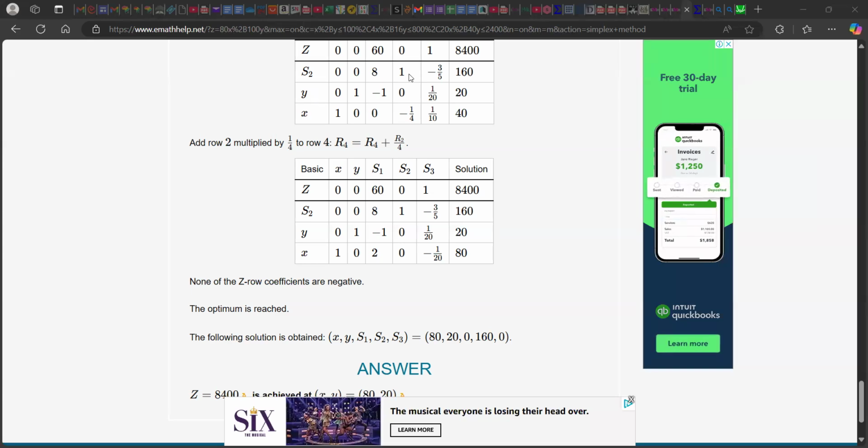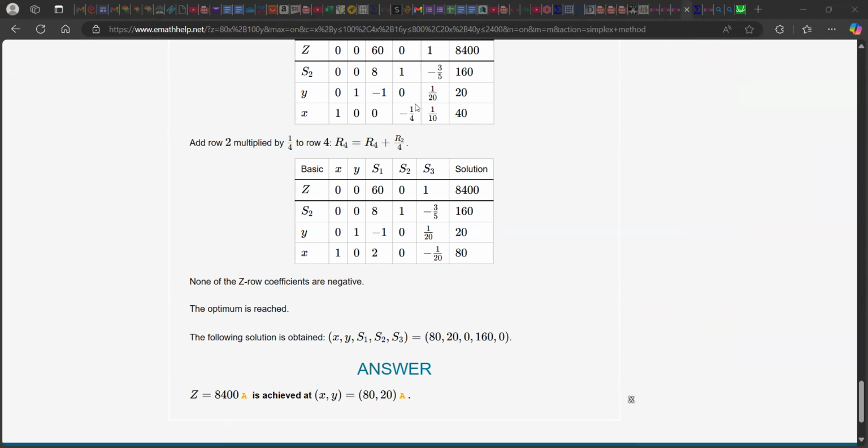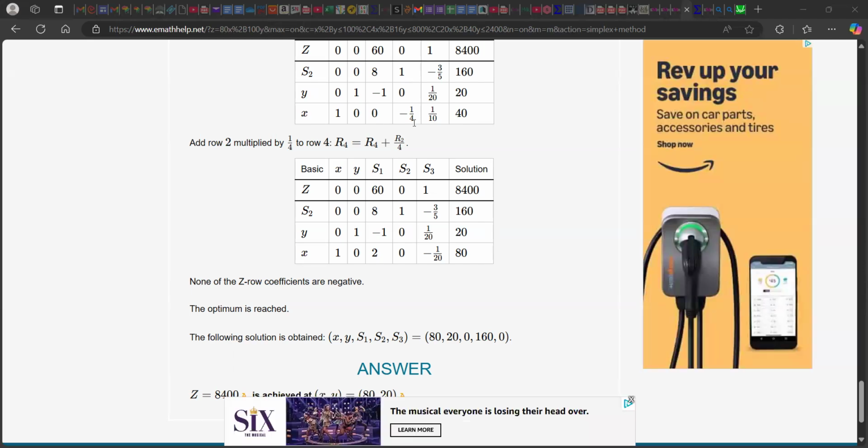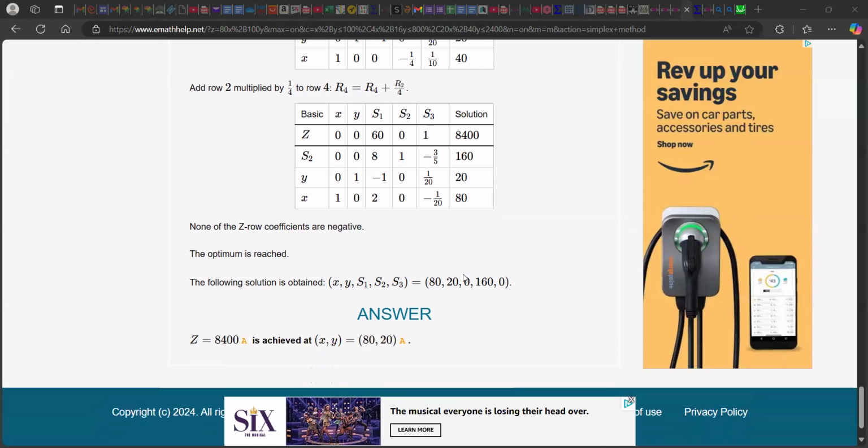What do you do to 1 so that when you add it to minus a quarter, it will become 0? That's the question you need to ask. And whatever operation that is, you do it to every element here and here, not just to the 1 and the minus a quarter, but to everything in the 2 rows. Take some time and watch what the people do.